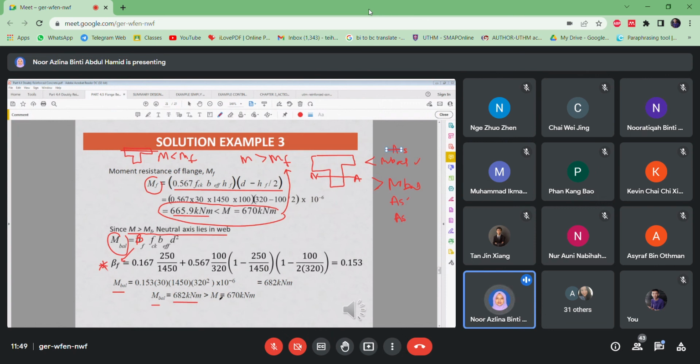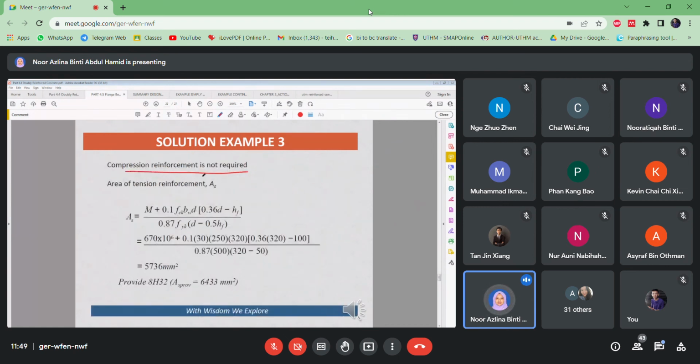But in this case, M is less than M balance, for the neutral axis lying in the web. So compression reinforcement is not required. You just use these equations. Okay, you cannot use the rectangle one. AS is equal to M divided by, I don't remember, the 0.87 fy z cannot be used.